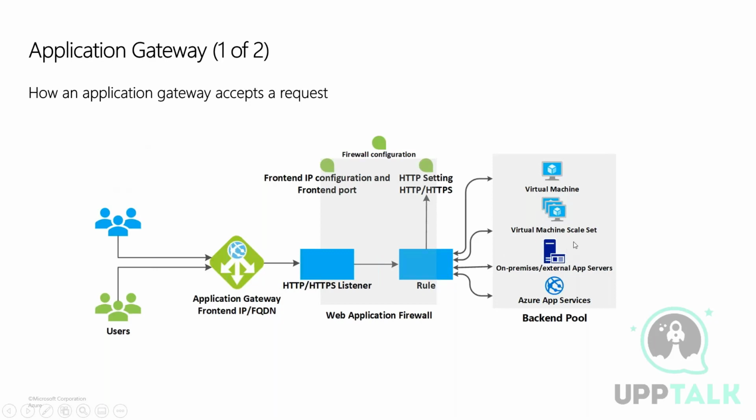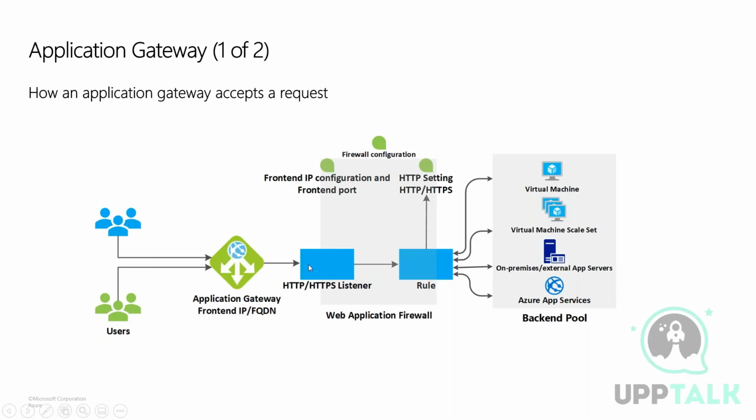Azure Application Gateway can also connect with your on-premises environment using a gateway, or you can use site-to-site connectivity. That is the beautiful part about application gateway as compared to other load balancers.